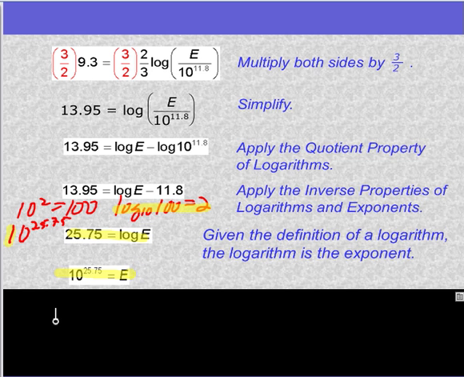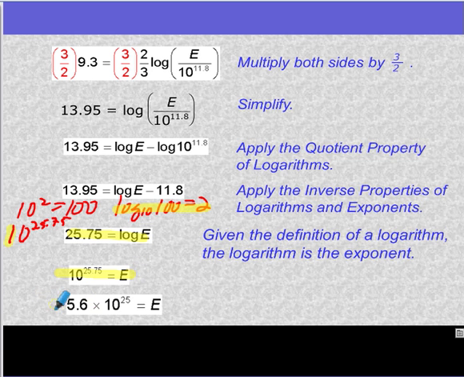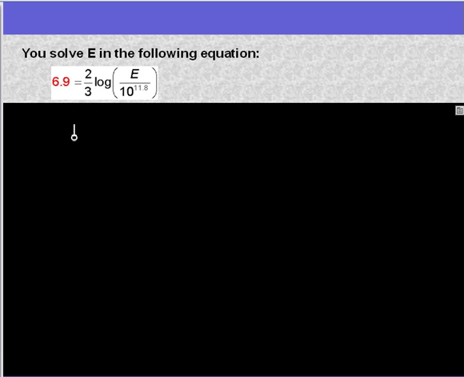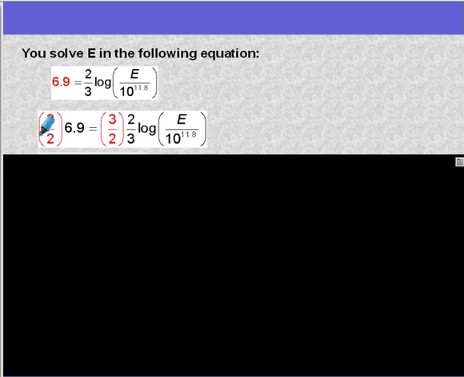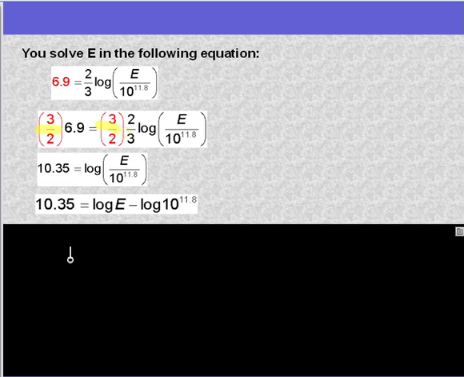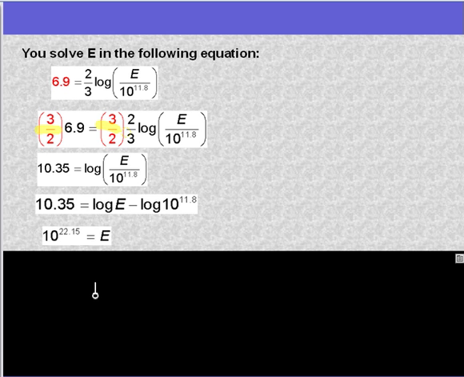All right, now we're going to do the same thing for the San Francisco earthquake. It was 6.9. Multiplied by the reciprocal, then we change this into a subtraction. This is going to be 11.8 subtracted, so then we're going to add 11.8 to both sides and get this. We're going to end up with 10 to the 22.15.